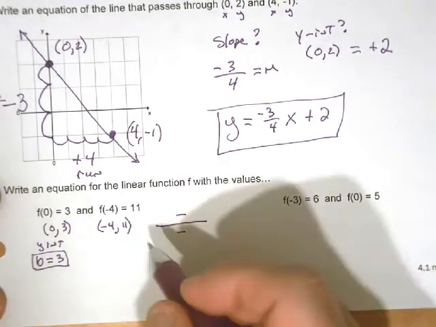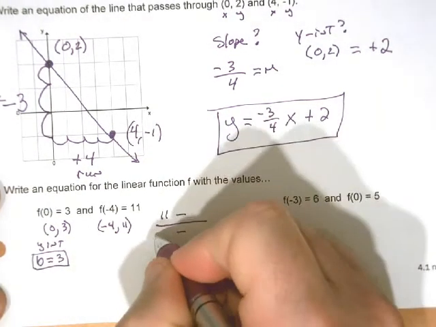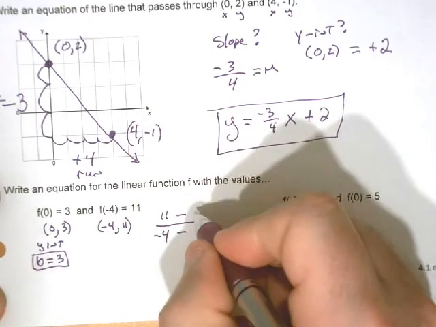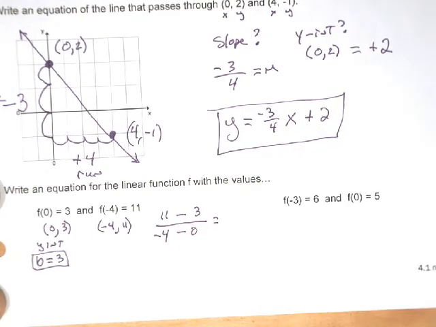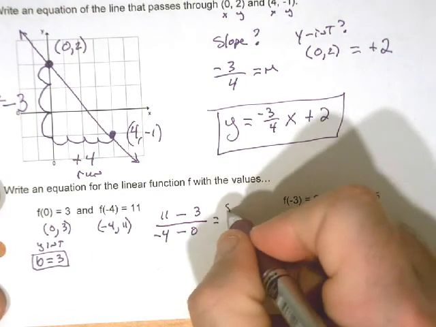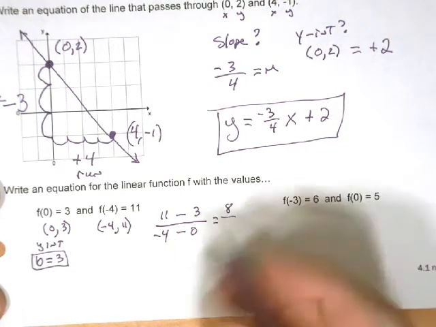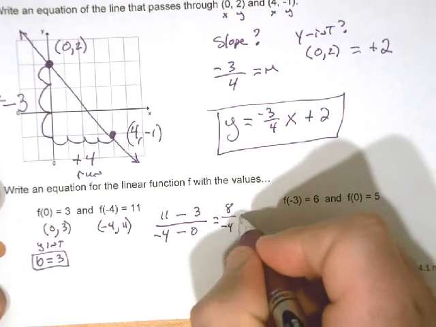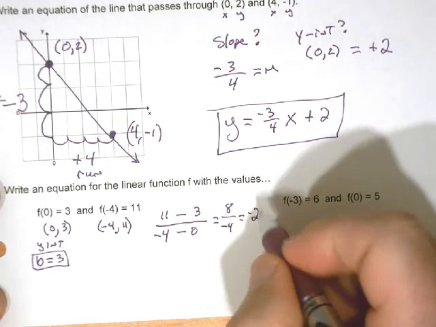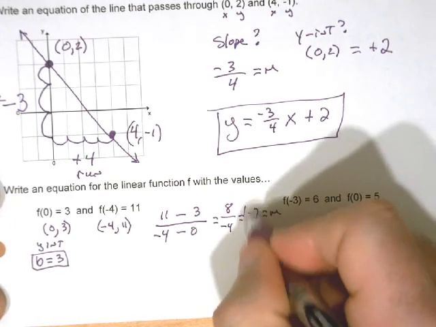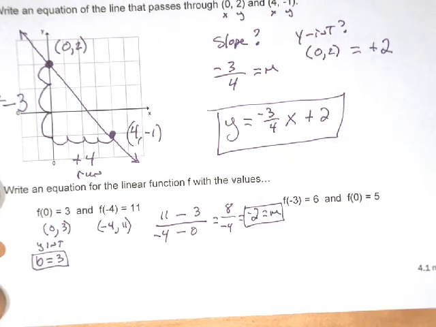So I'll do the slope formula because we don't have a graph. It's a lot easier. So 11 and -4, and then 3 and 0. So we get 11 minus 3, which is going to give us 8. -4 minus 0 is still -4, and that comes out to a slope of -2, which equals our m.